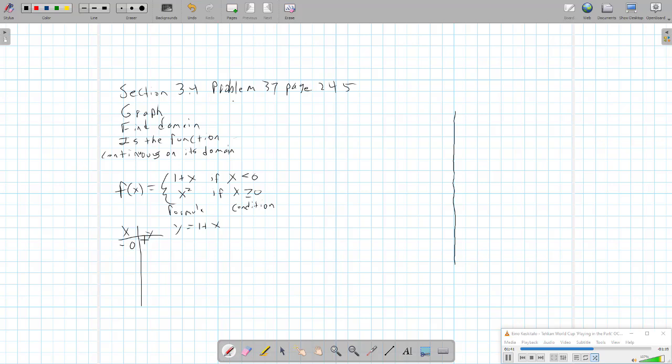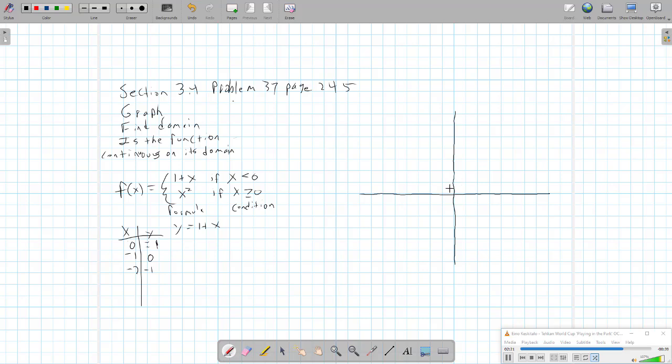At 0, it should be approximately, because it goes up to but doesn't include it, 1 plus 0 is 1. Now let's pick values less than 0. So negative 1, negative 2. That should be plenty. I didn't draw my horizontal axis. I'm just using these guidelines that are already there.